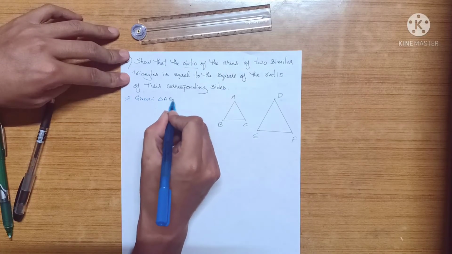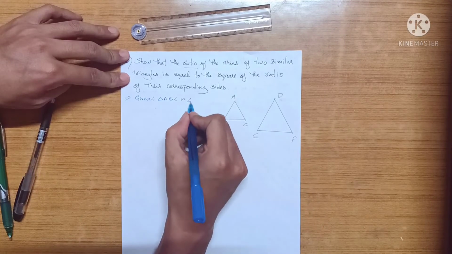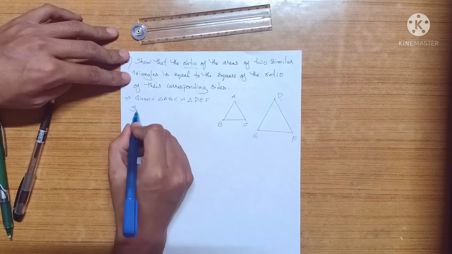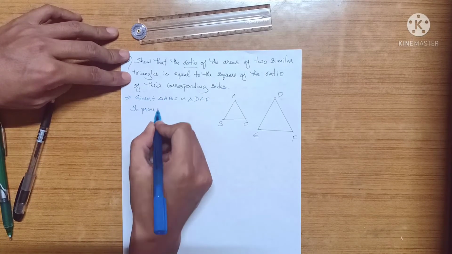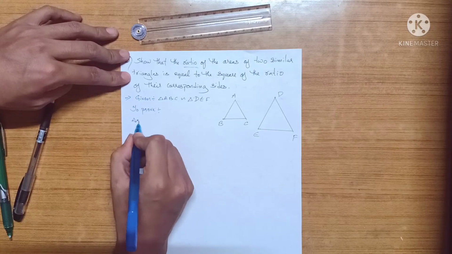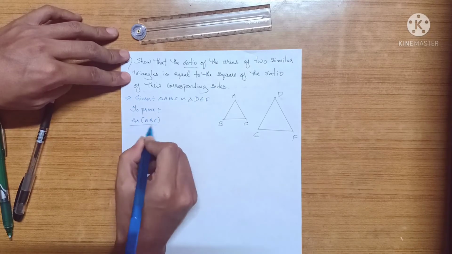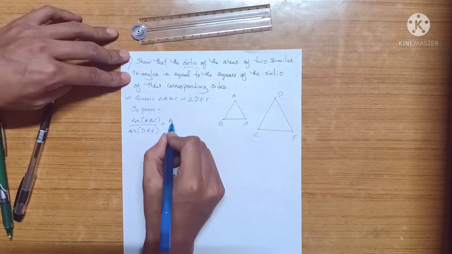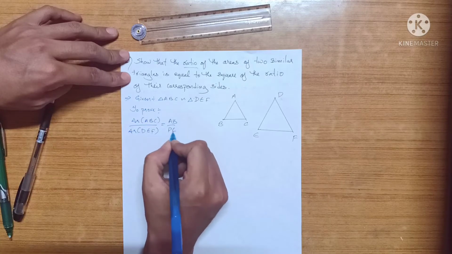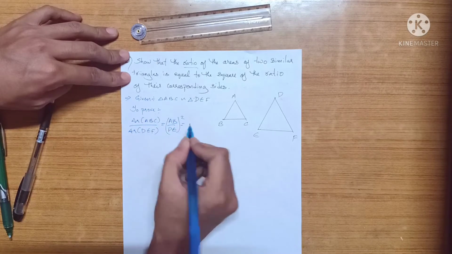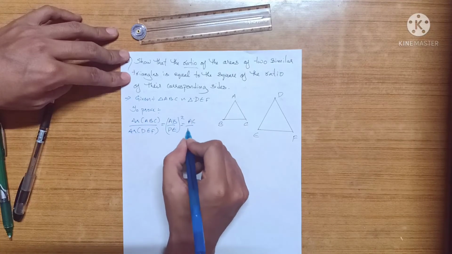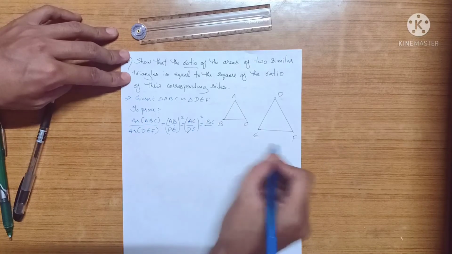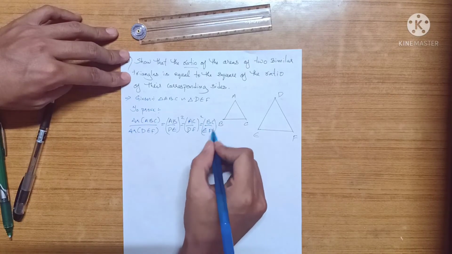So what is given is triangle ABC is similar to triangle DEF, and then we have to prove area of ABC divided by area of DEF equal to AB by DE square, equal to AC by DF square, equal to BC by EF square, right?